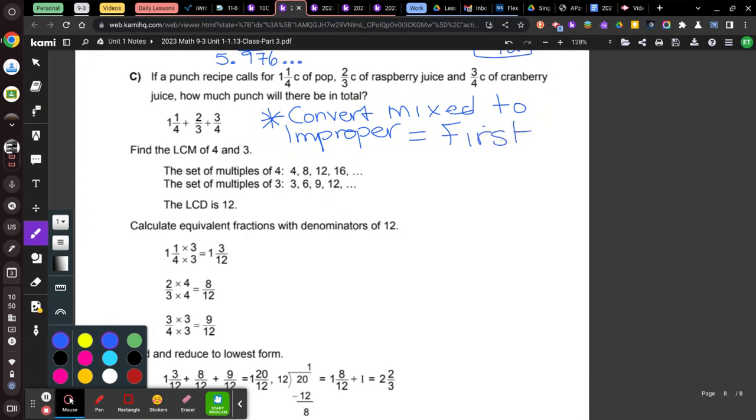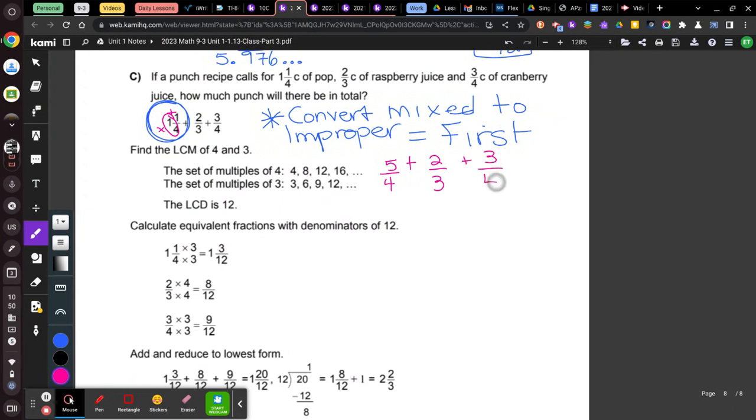Okay, so that's the first thing you're going to do because all of them have to be in fraction form, no mixed numbers. So you need improper fractions if you have a mixed number. So that means this one right here, 1 1/4, he's going to change. So we're going to loop it, times it, add it. So we're going to get 5/4 plus 2/3 plus 3/4.